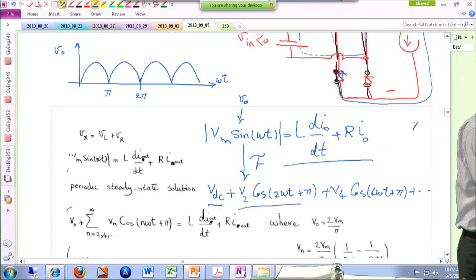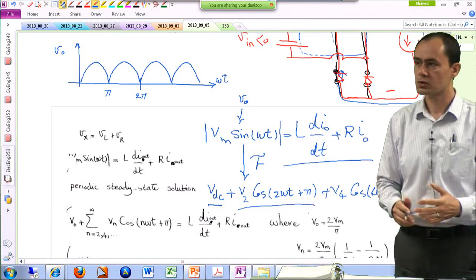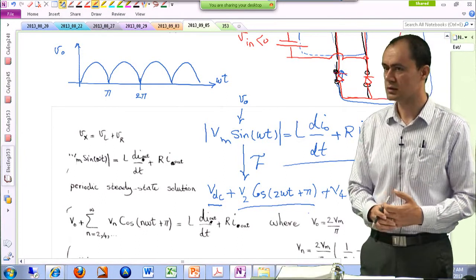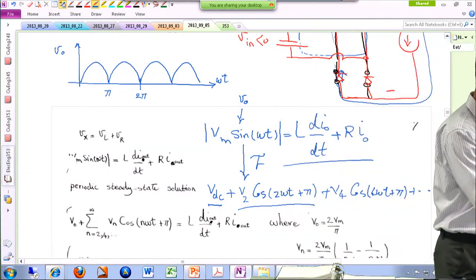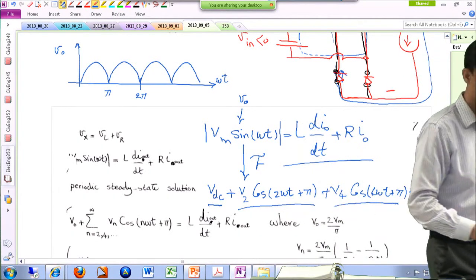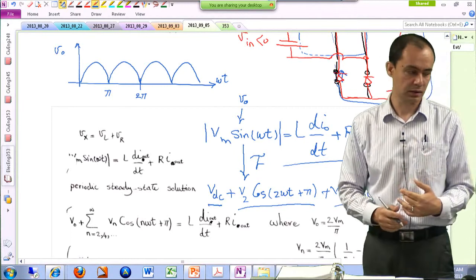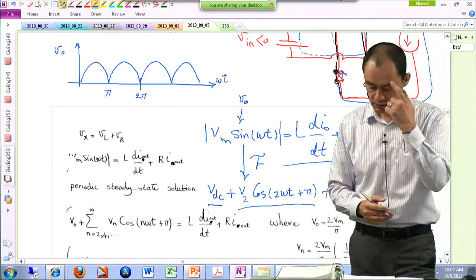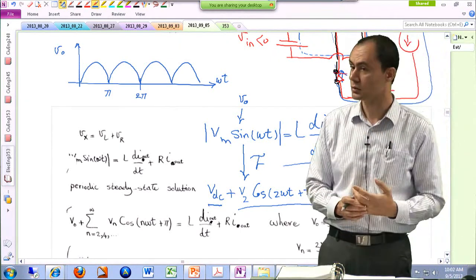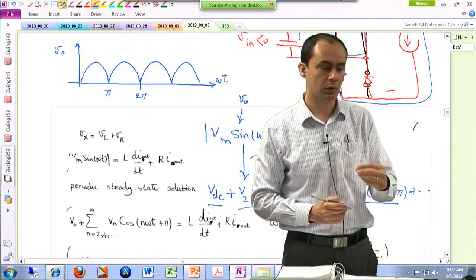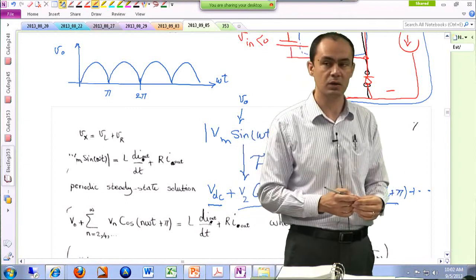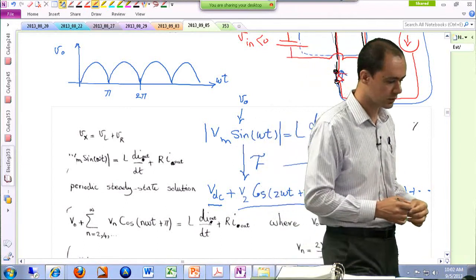Then I'm going to assume it's a cosine of 2 omega t kind of term, then see how much current this is going to generate. And then again, I'm going to assume that V out is this term, then look at the current response that I get. And in the end, because this is a linear system, superposition holds. So I can say that my entire output current is the sum of all of these responses that you are going to get.